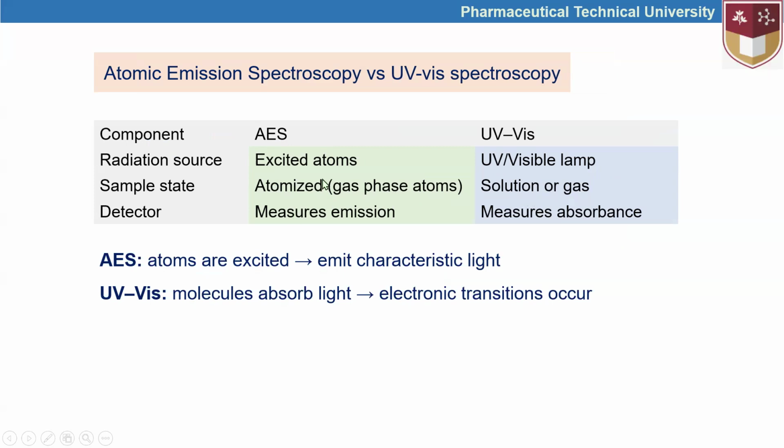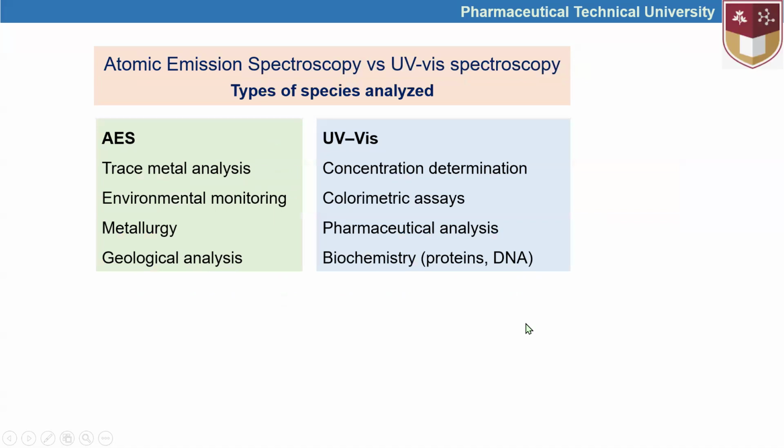Here plasmas are used, and here solution or gas are used. And the detector in AES measures the emission, and UV-Vis measures the absorption. Again, in AES, atoms are excited and emit characteristic light, and in UV spectroscopy, molecules absorb light and electronic transition occurs.